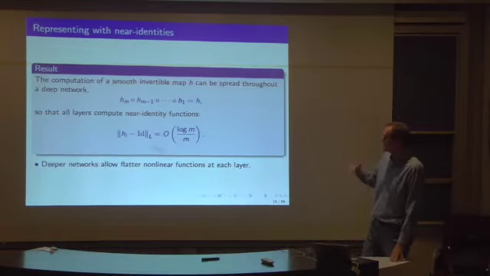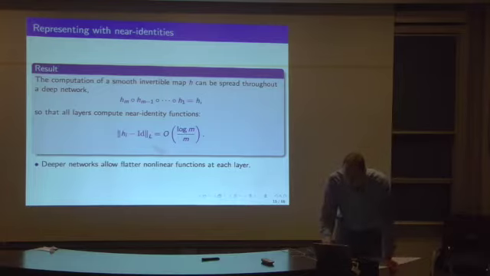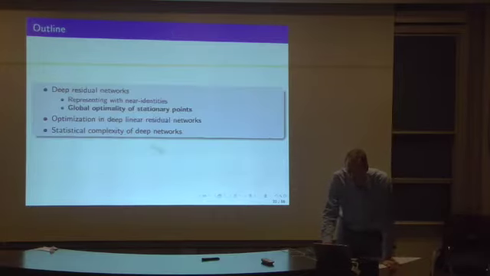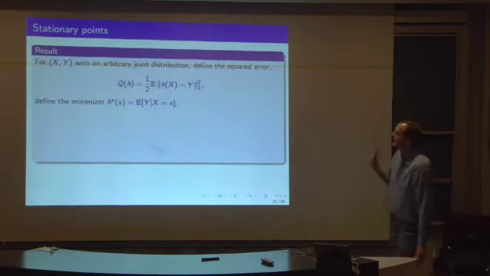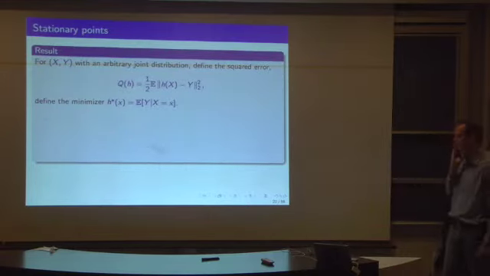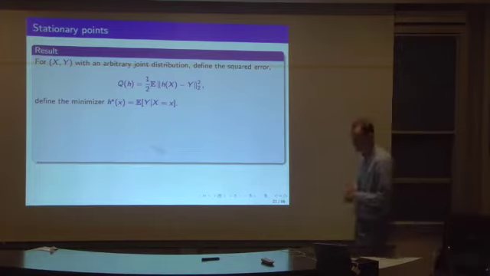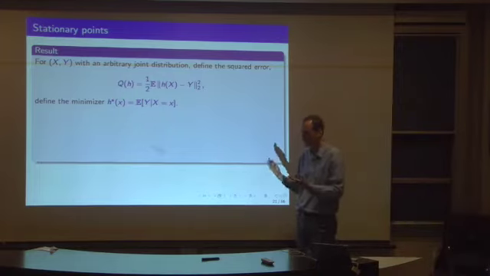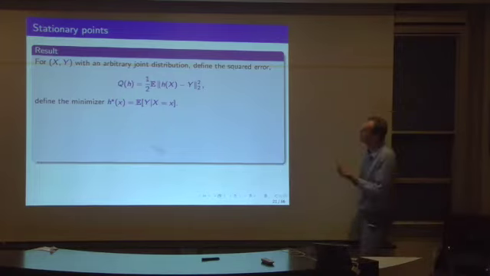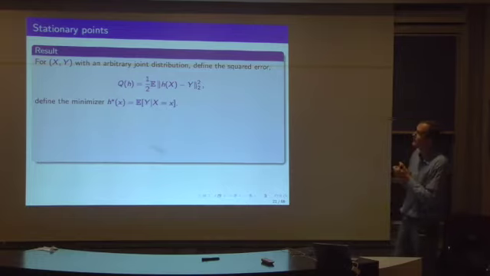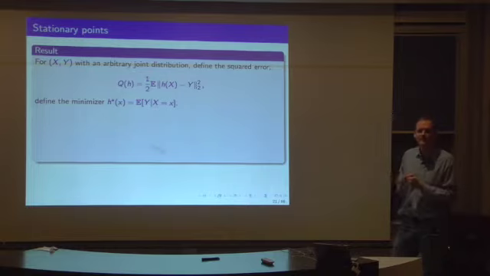So we can get these flatter linear functions at each layer for a map of that sort, and then going on to the second result. In the linear case, a first order condition implies optimality, and we can get something of the same form in the nonlinear case. So here we just fix a joint distribution on xy pairs, right? So these are vectors in R^d.